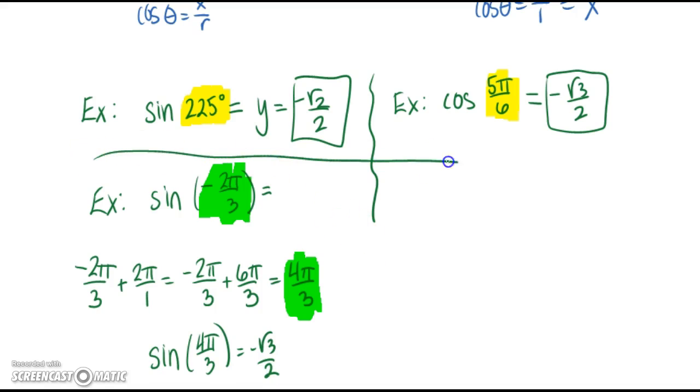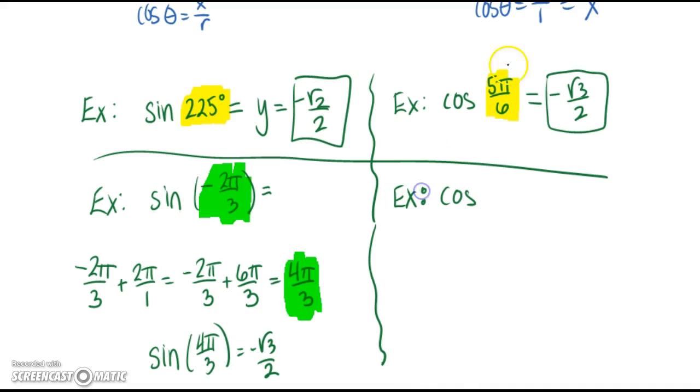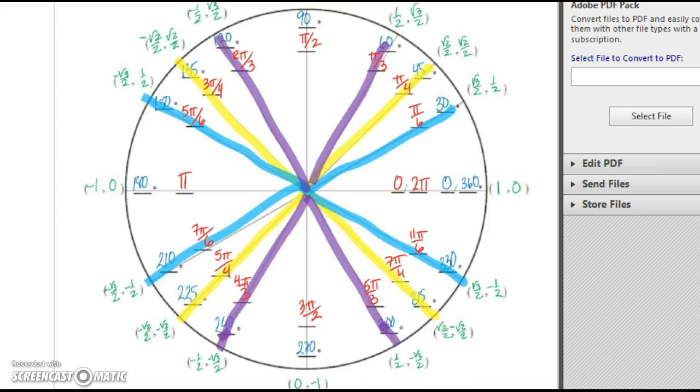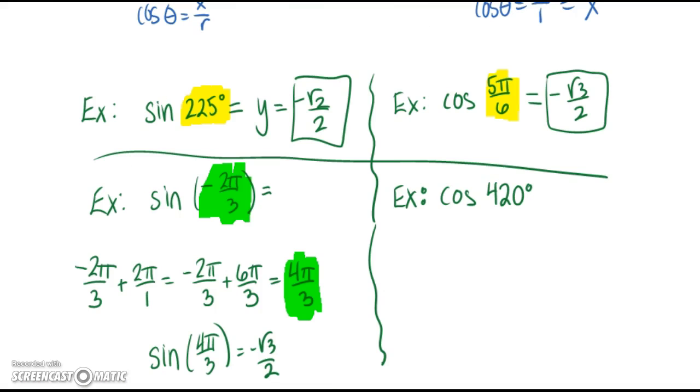Let's do another example. Let's find the cosine of 420 degrees. Now, if we look on our unit circle, we don't see the 420-degree angle. You might be able to recognize where it's going to be on our unit circle, but if you're not sure, find a coterminal angle. Now, all the angles in degrees here lie between 0 and 360. So how are we going to get between 0 and 360 an angle that has the same terminal ray as 420 degrees?